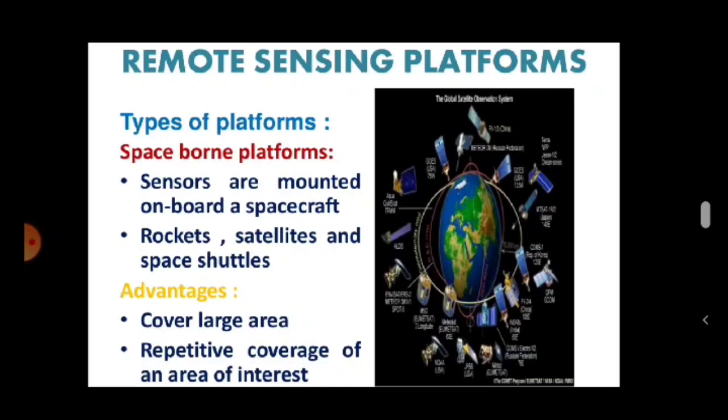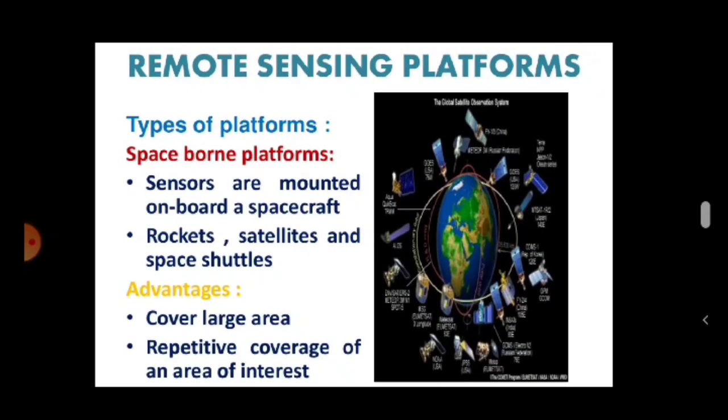And when it comes to active sensors, we have RADARSAT-1, launched in 1995 by the Canadian Space Agency, for crop investigations and coastal soil mapping.